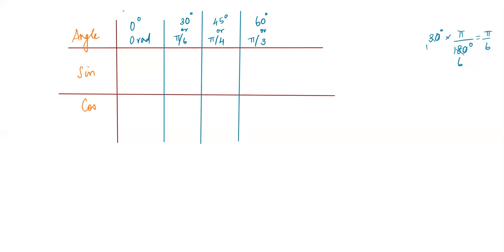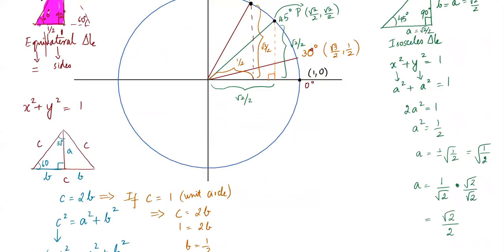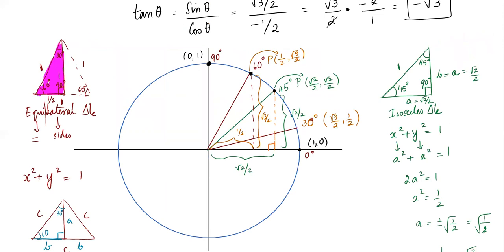So for the unit circle, remember that sine is actually your y and cosine is actually your x. So when you come back here to the circle and put the values that we detected earlier, you can see that x coordinate is the cosine and y coordinate is the sine. So for 0 degrees, sine would be 0 and cosine would be 1.